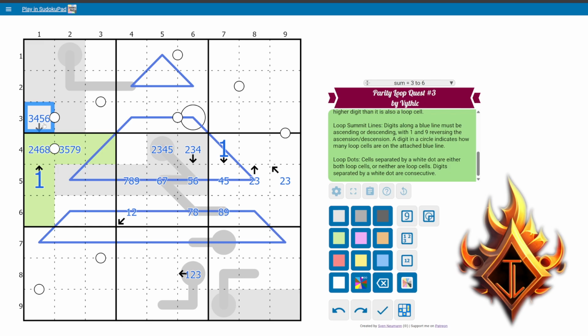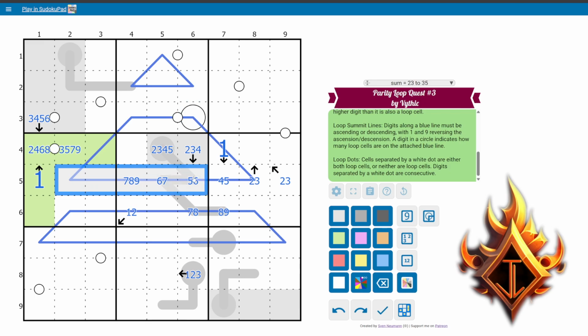That is odd. 3, 5. That would be 2, 4, 6. That is all good. What is the highest? Actually, this goes all the way up to, oh, no, because this circle, a digit in a circle indicates how many loop cells are on the attached line.